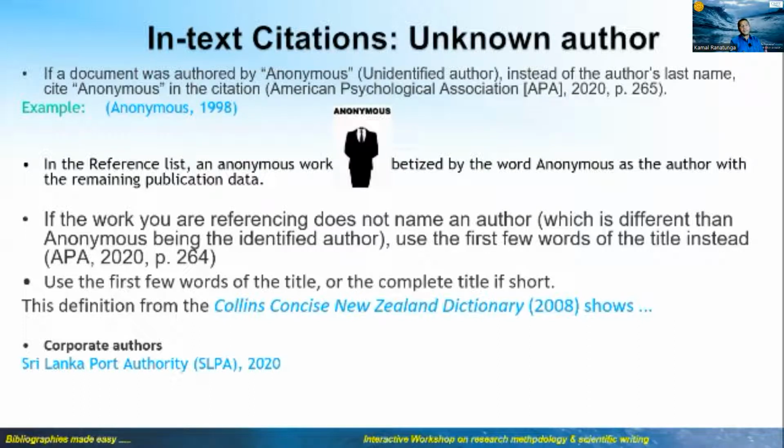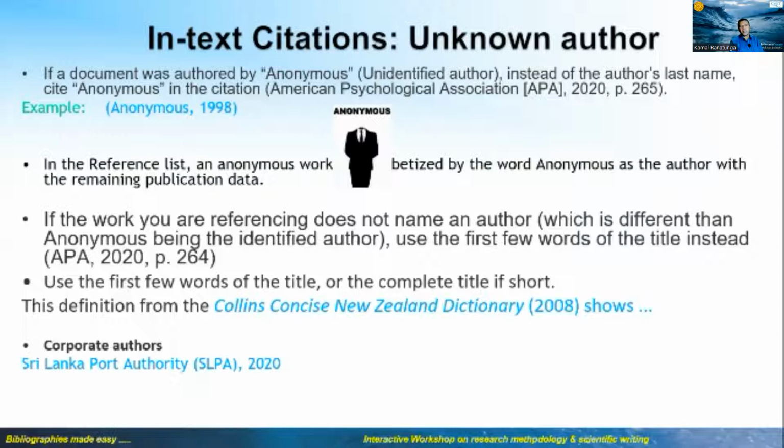Some of our historical writings, sometimes we don't know and have no idea about the author, and in that case you use anonymous. But in some web sources where there is no identifiable author, that's where you use anonymous. But on the internet, it is not that there is no author, but that you cannot find that author.